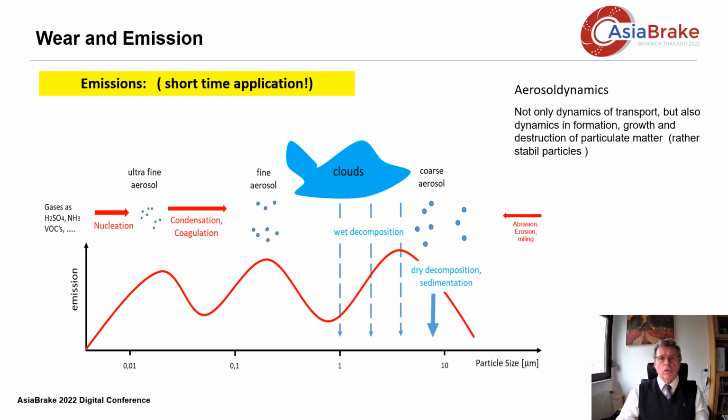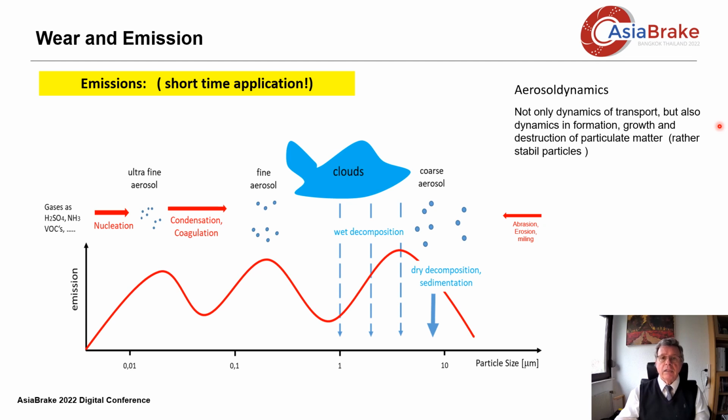What is so special about brake emissions? Aerosol dynamics play a key role here. You can see the emission modes plotted against the particle size on this axis here. From the left, gases like NOx and VOCs, that is nitrogen oxides or volatile organic compounds, form aerosol particles moving to the middle of this diagram through nucleation, condensation, and coagulation.